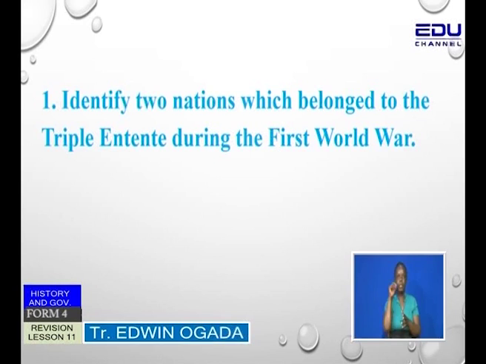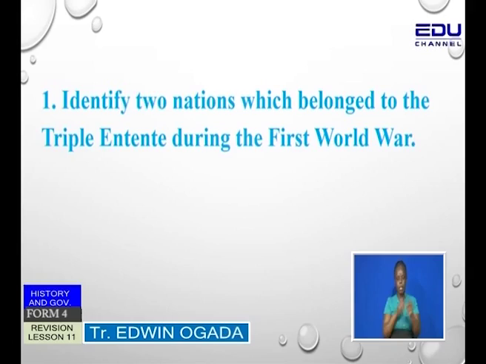The first question reads, identify two nations which belonged to the Triple Entente during the First World War. I repeat, identify two nations which belonged to the Triple Entente during the First World War.